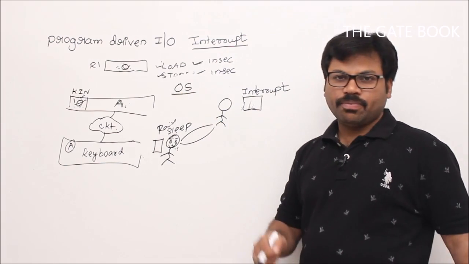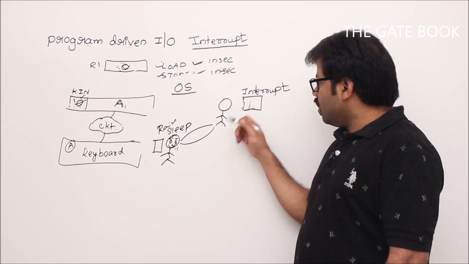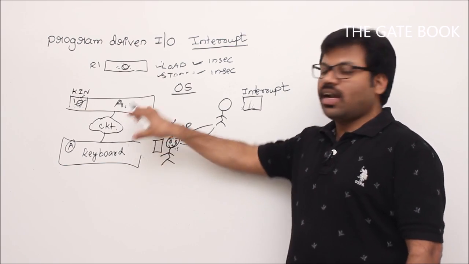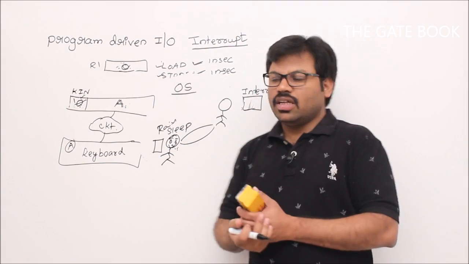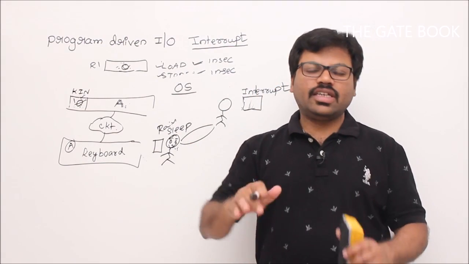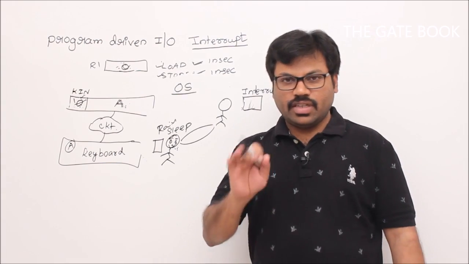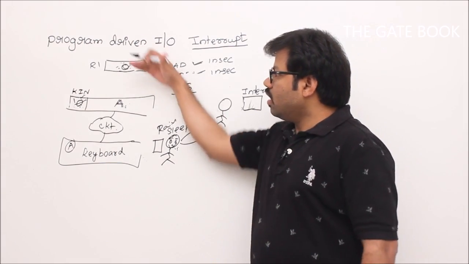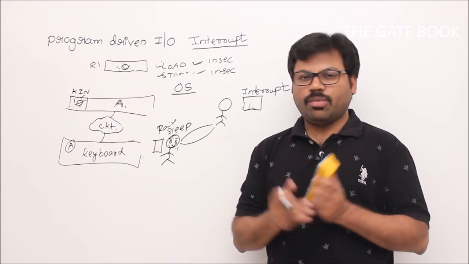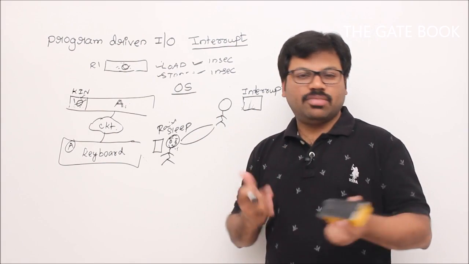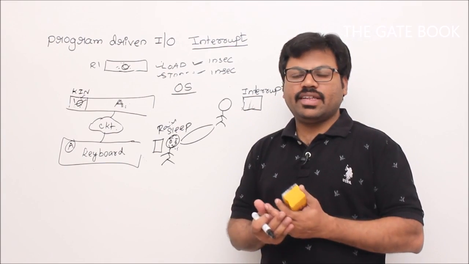Whenever some process is going for IO, this is called IO, and the OS is waiting for it, then the OS can block such a process and execute other programs. That's a separate story, we will see that. But here we are seeing the hardware perspective, the computer organization perspective. Forget about the OS and everything, because that will mess up the things. We will see the link between the OS and computer organization later.